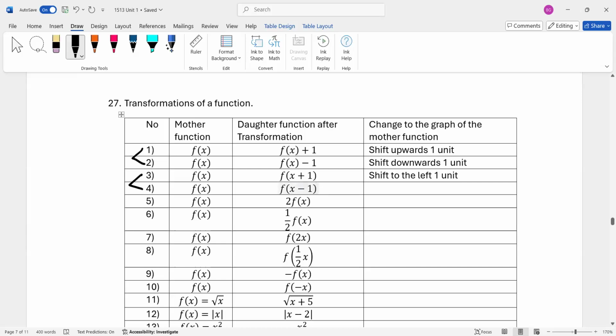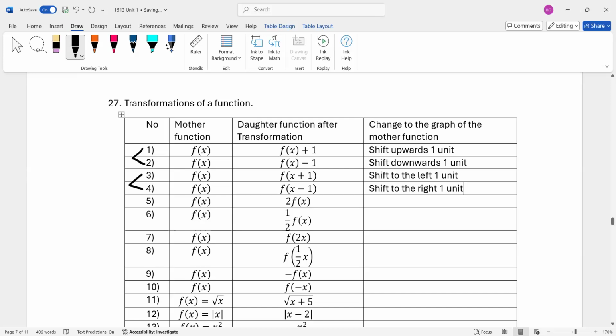So the y value stays the same, x value has to be 1 unit bigger. What happened to the graph? Shift to the right 1 unit.